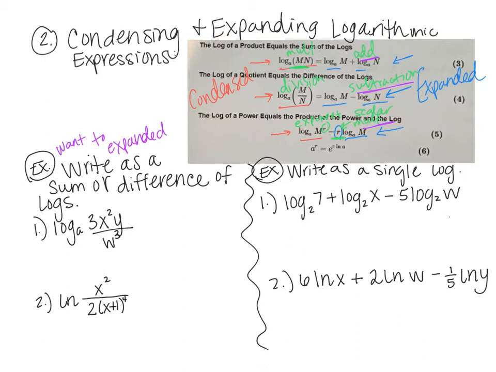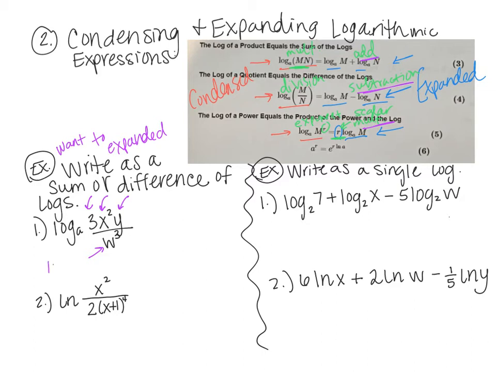Now, every time we do one of these operations, we're going to give it a log, because when we expand, it has multiple logs. I write it every time. Okay, so the first thing that I want to do is look at what is happening. So I see a 3, I see an X, I see a Y, and I see a W. So that to me says I should have 4 logs.